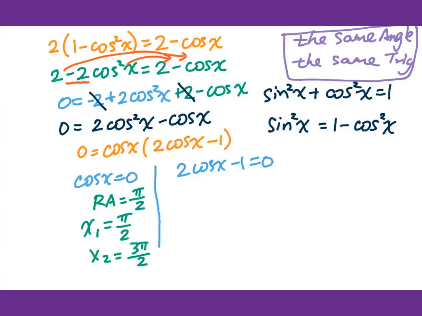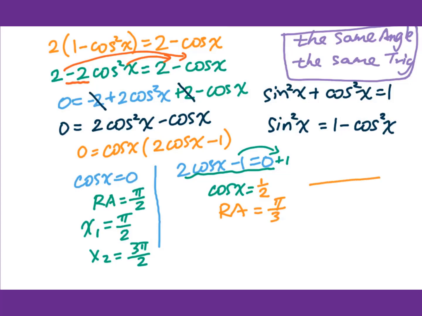Then we need to solve this part. Linear pattern, we got cosine x equals 1 divided by 2. So you get 1 over 2. Reference angle, that's pi over 3. For cosine positive, that means the first quadrant and then the fourth quadrant.